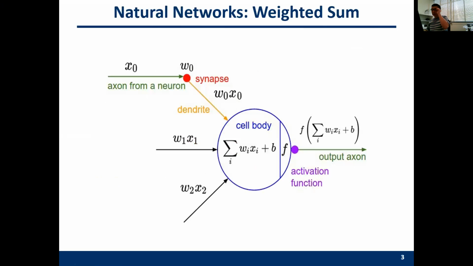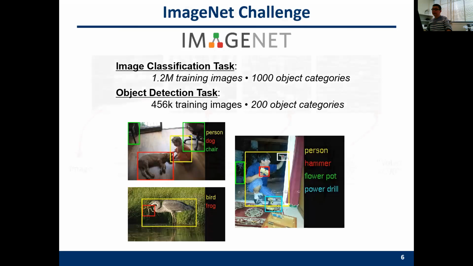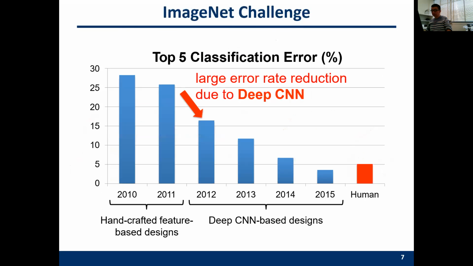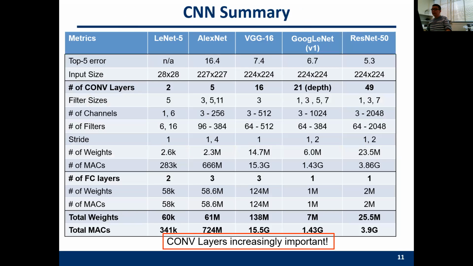So in the last lecture, we talked about the basics of convolutional neural networks. We talked about the high performance and high accuracy of convolutional neural networks. Meanwhile, we also talked about the computing overhead of convolutional neural networks.